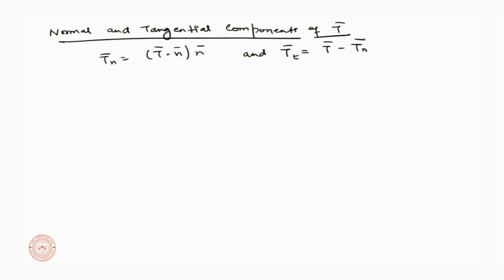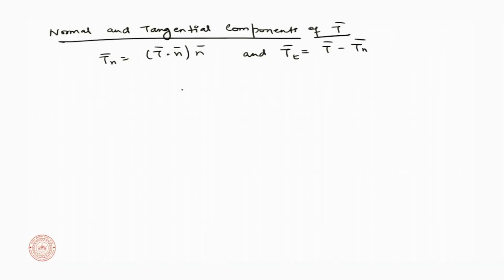Okay, so the traction vector dotted with the surface normal will give you the imprint or the shadow of this traction vector on the normal direction. So that it is a cos theta, along the direction of the normal will be the normal component, and the other component will automatically become our tangential component, right.